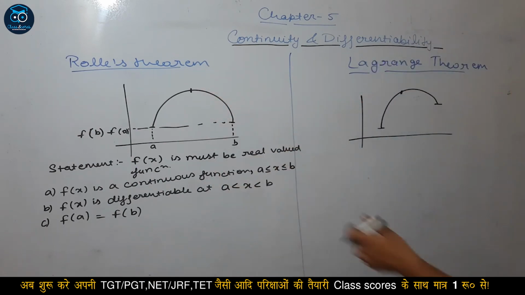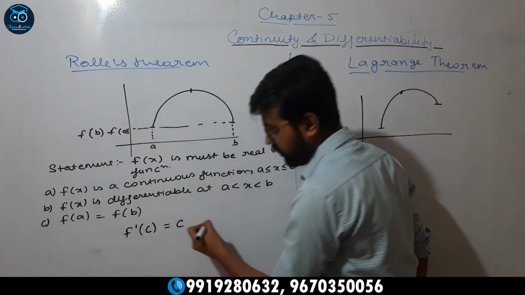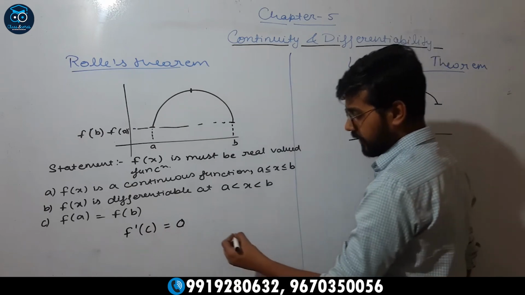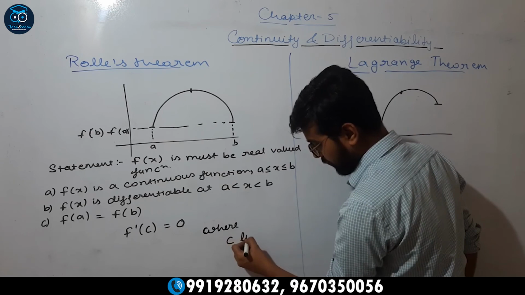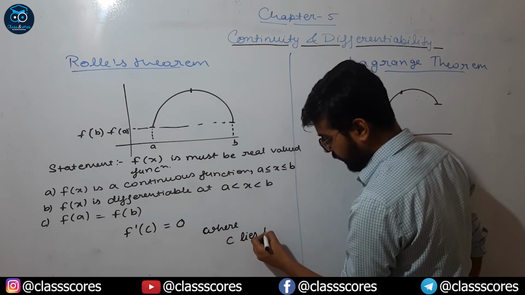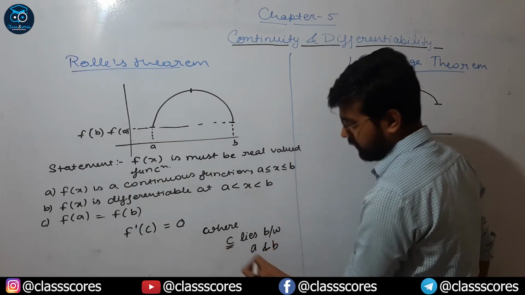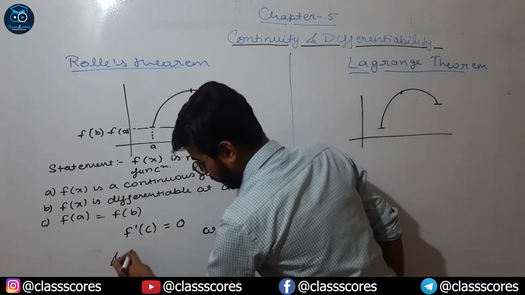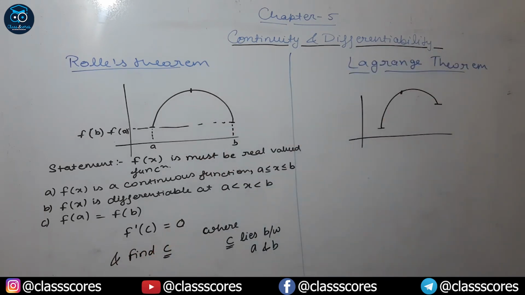If all three conditions are satisfied, then we can put f dash c equals 0, where c lies somewhere between a and b, and find the value of c. This c represents the mid value for the given function.